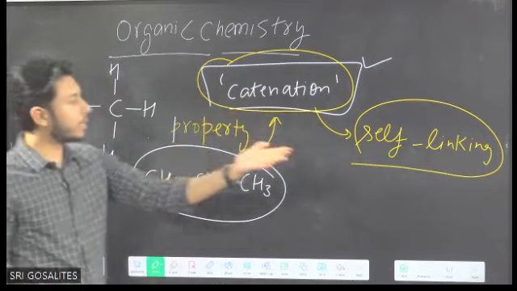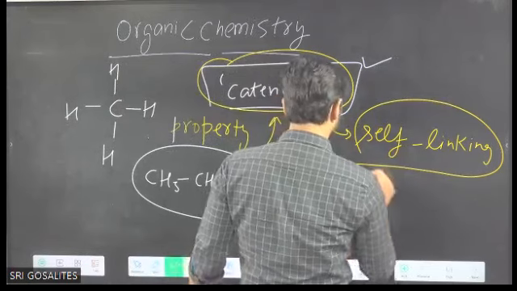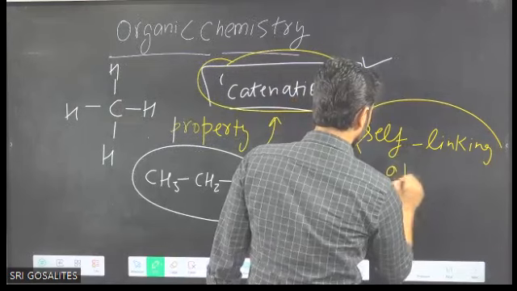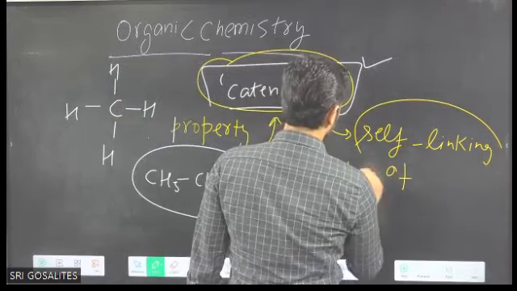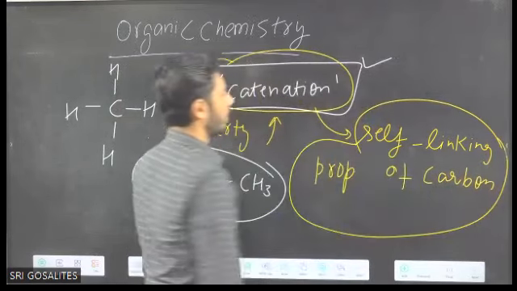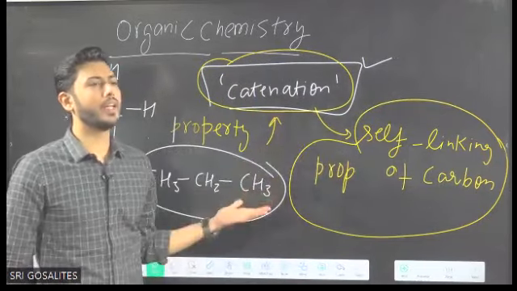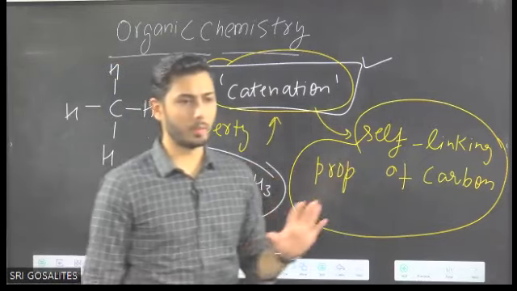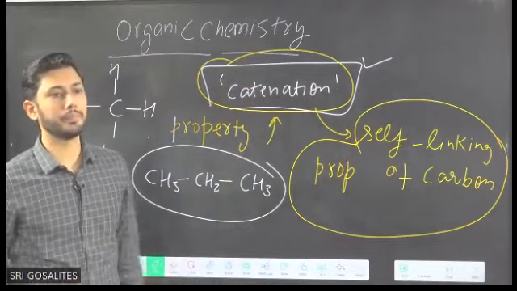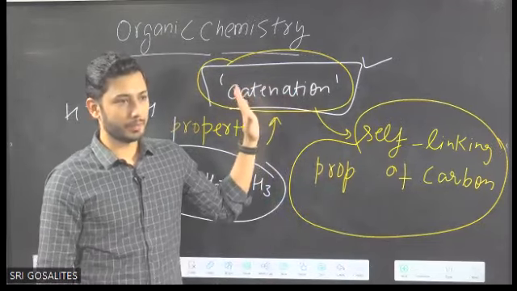So catenation means a self-linking property of carbon. Why it arises, I will say, but do not write anything about why it arises. This portion we will discuss in detail when the actual syllabus starts. So the self-linking property of carbon is termed as catenation.